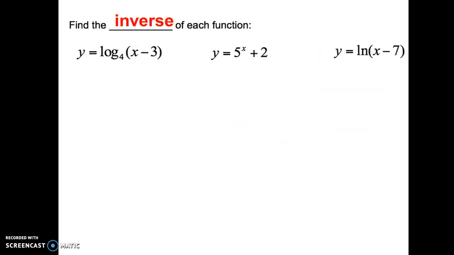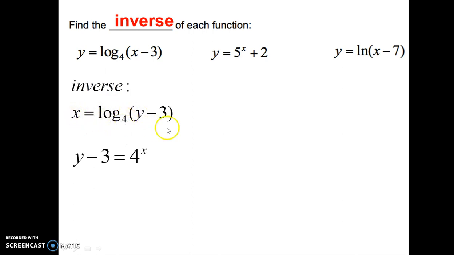All right, let's try some more. Finding more inverses. These get a little tougher. There's more constants there. So let's see what happens. Try this one. Find the inverse of that. Right, the inverse of that would be, first of all, switch the x and y like this. Then we can change this to exponential form in order to get that y out of the log, right?